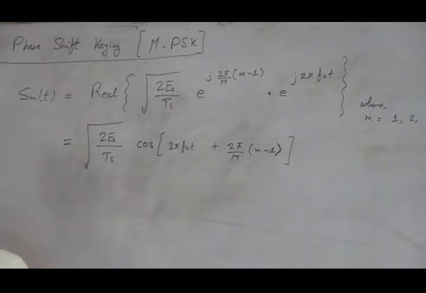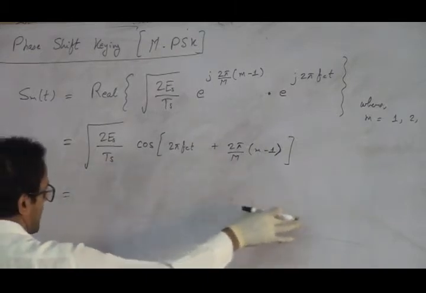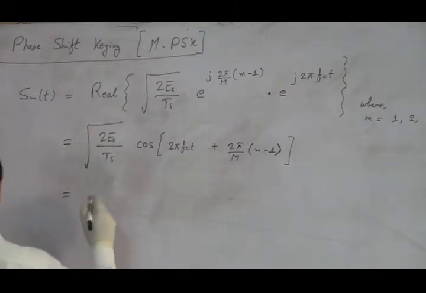If you apply the cosine trigonometric identity here, we can expand this in terms of two cosines, two terms basically.